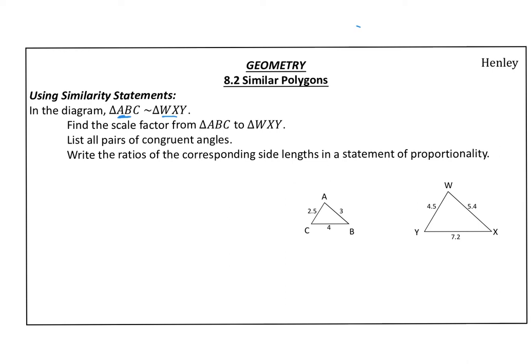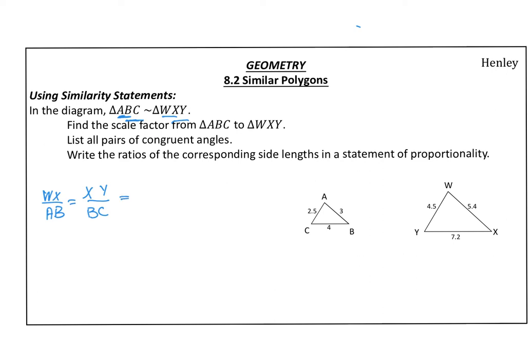So we will go ahead and say that WX corresponds to AB because we're using our second shape first. That should be the same as the second set of letters, which are XY, which is proportional to BC.